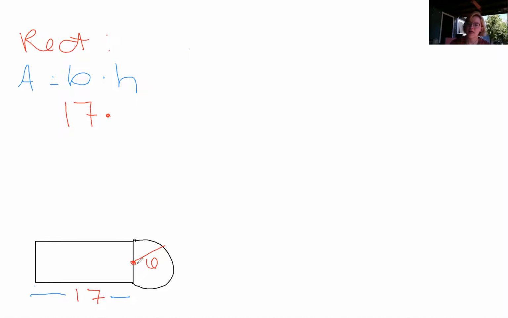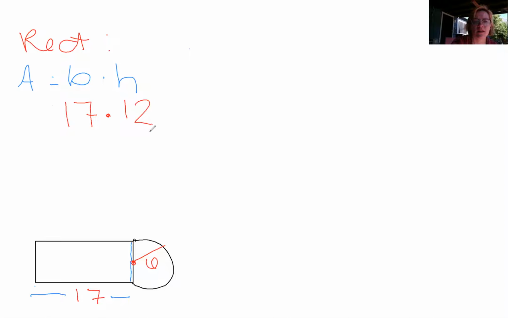So if the radius of this circle, which is going to go from one edge to the halfway point, is 6, and this rectangle has 2 of those, 6 and 6, 6 plus 6 gives me 12. So my height here is going to be 12.